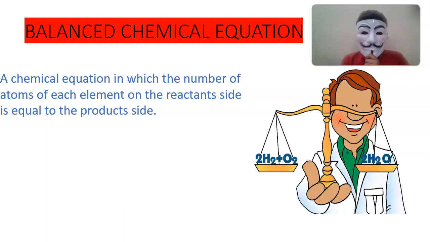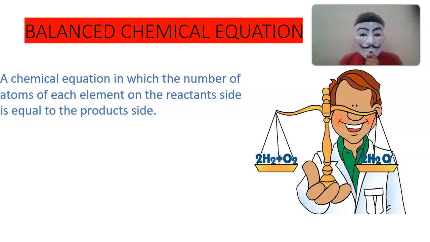As we studied in the last video about reactants and products, reactants are always written on the left hand side, products are always written on the right hand side. So here it is just saying that the left hand side is equal to the right hand side. LHS equals RHS. It is just like reactants equal products.